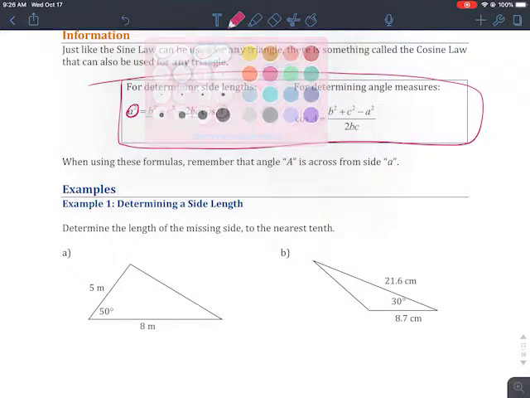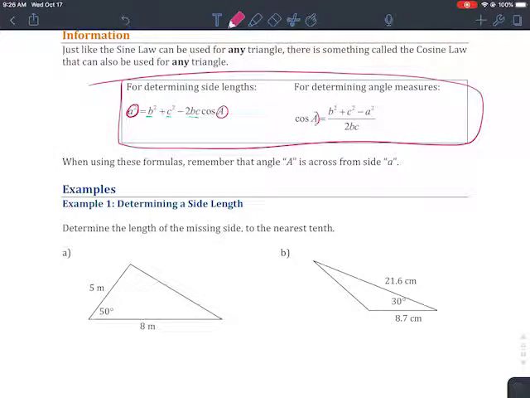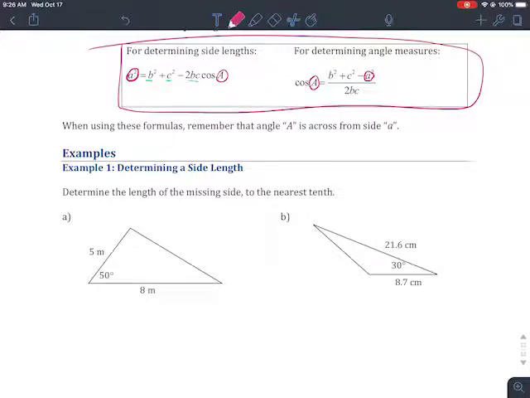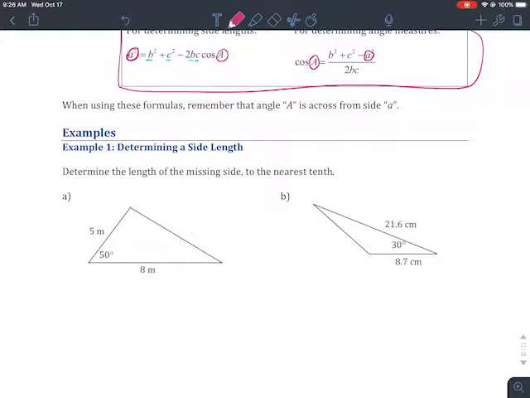Okay, if you're determining angle measures, basically it's the exact same formula, just rearranged in a format that's solved for the angle. And just like before, cosine of A, cosine of an angle, and this a are a side angle pair. So if I'm using the cosine of A, little a squared is the side length that's opposite to it.